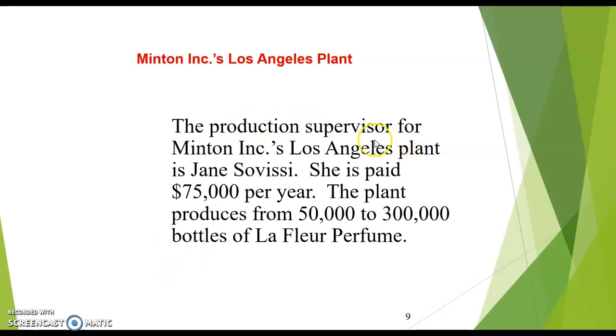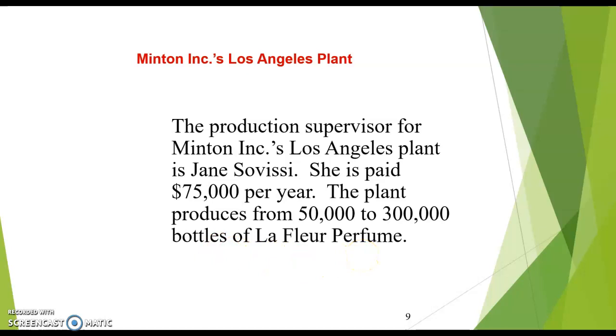So here's another example. The production supervisor for the Los Angeles plant is Jane Sovisi, and she is paid $75,000 a year. And the plant produces from 50,000 to 300,000 bottles of perfume.